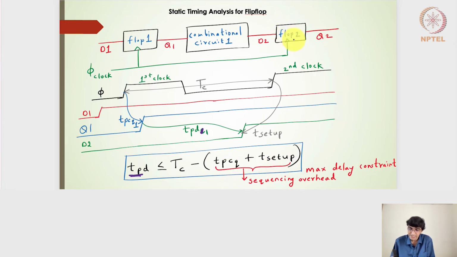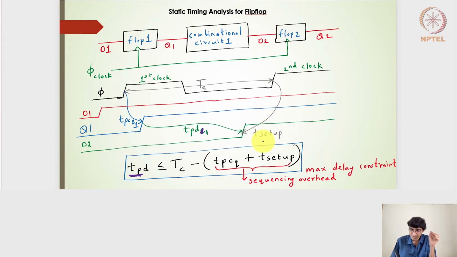So it is basically an overhead parameter of flop 2 and an overhead parameter of flop 1, TPCQ and T setup. It is called the overhead because it takes its own time. Flop 1 will take its own time so that we get the output of flop 1, and for flop 2, the output of the combinatorial circuit 1 has to reach before the T setup time.